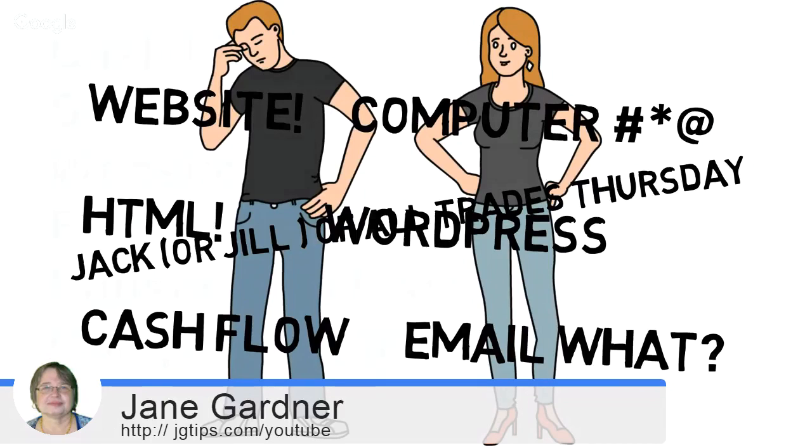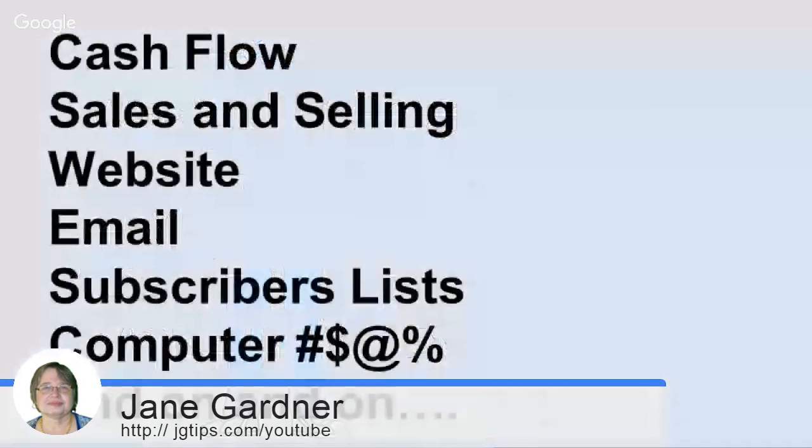And we have things like cash flow, sales and selling, your website, and email, and so on and so on. So as a solopreneur, though there is two of us, we have to know a little bit about a lot of things, and we have to be adaptable and willing to learn new things.